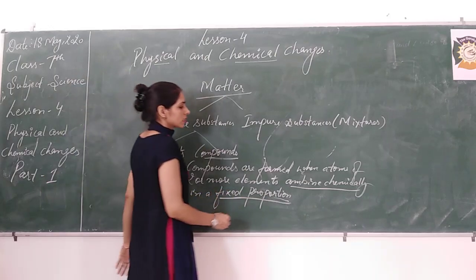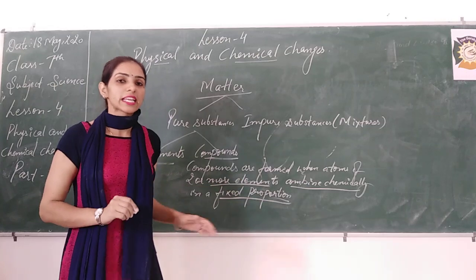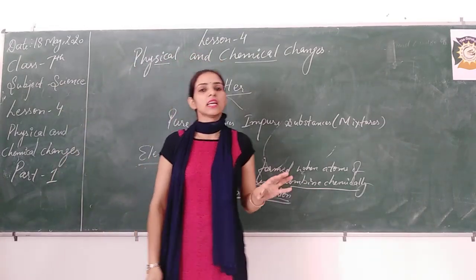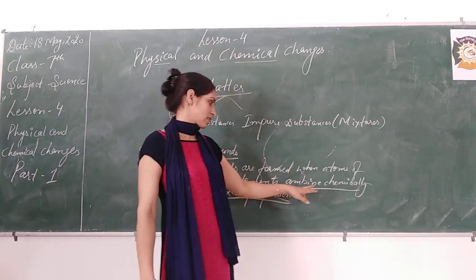So these are the three things which we need to understand and take care of whenever we are defining any molecule as a compound. We have to check these three things.